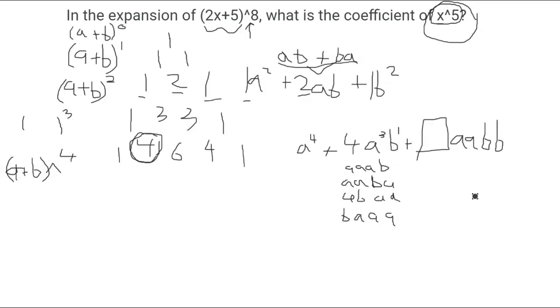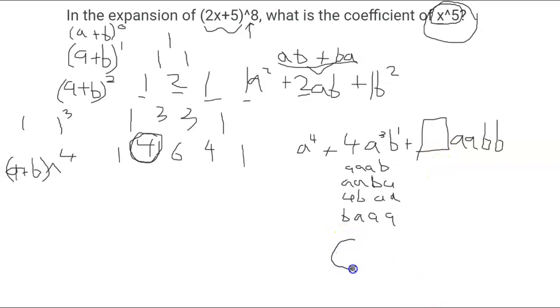Well, remember, you know about counting principles, right? How many ways are there to pick two A's out of four things if you don't care about order? How many ways are there to get three A's out of four things? How many ways are there to get one thing out of four if order doesn't matter, right? That's just a combination question, right?